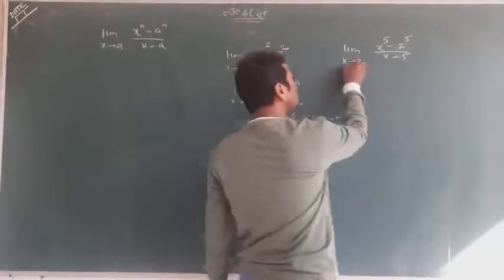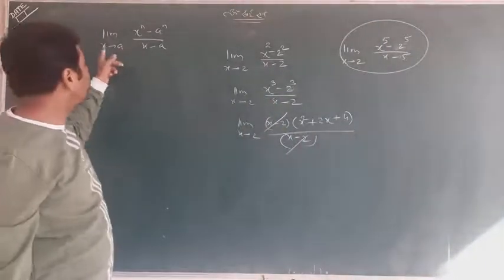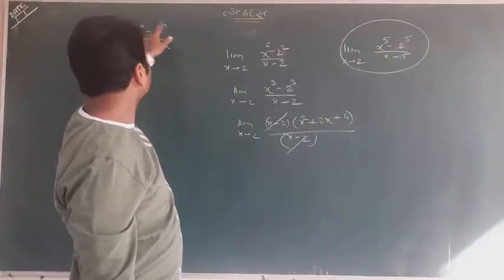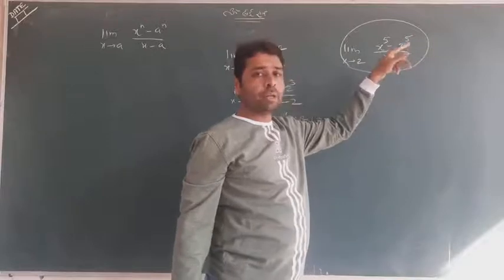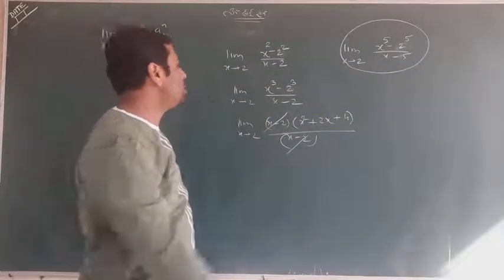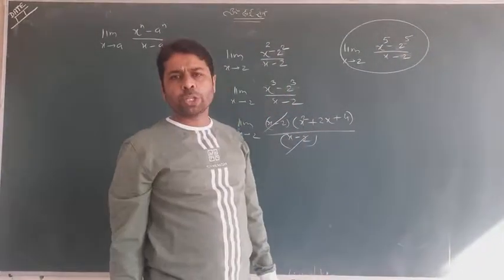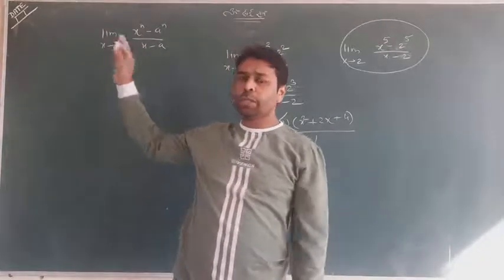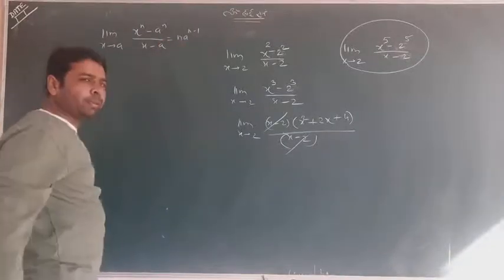So students, this question is actually looking like this: the limit as x tends to a of x to the power n minus a to the power n upon x minus a. The same thing is coming. So when this kind of question comes where factorization is not possible and the question looks like the formula, you can use the formula n times a to the power n minus 1.